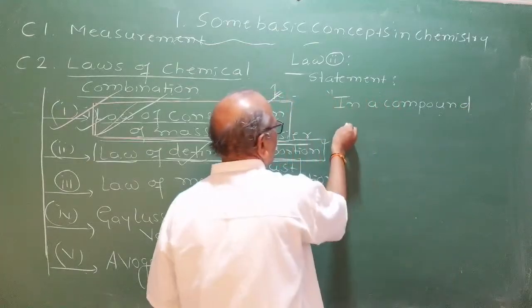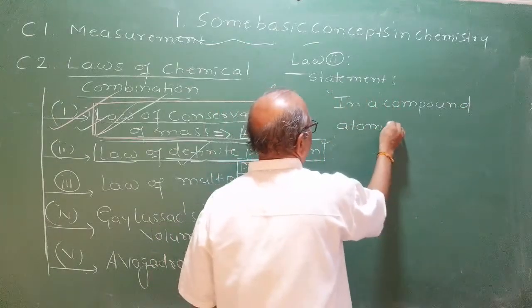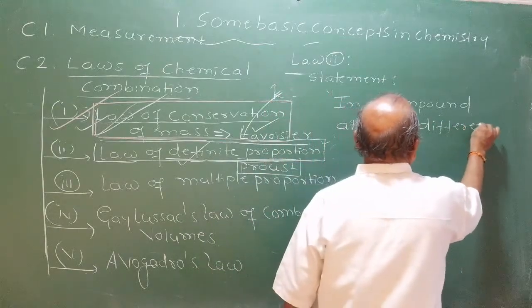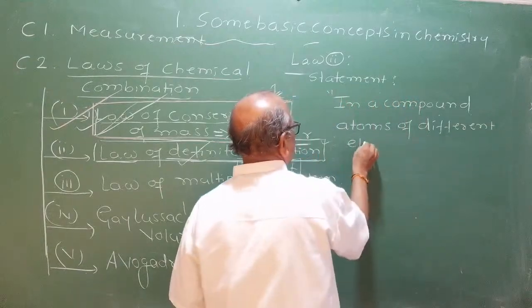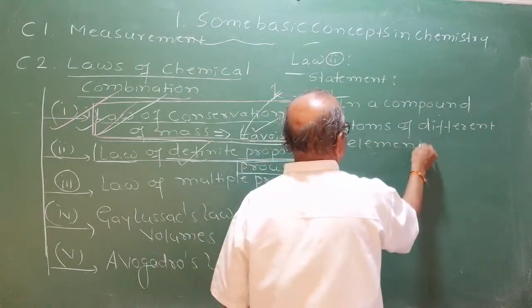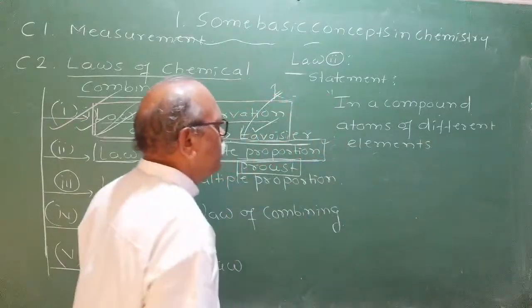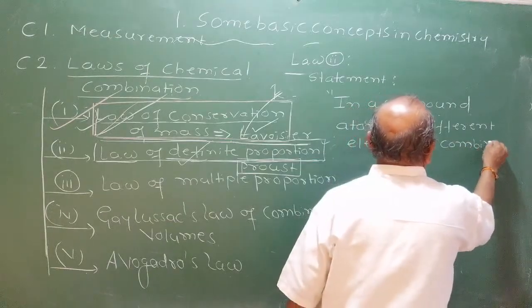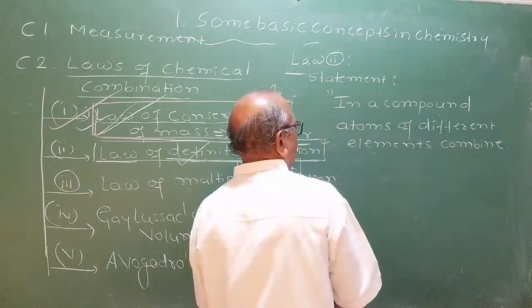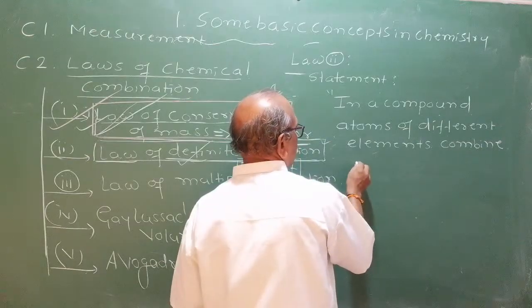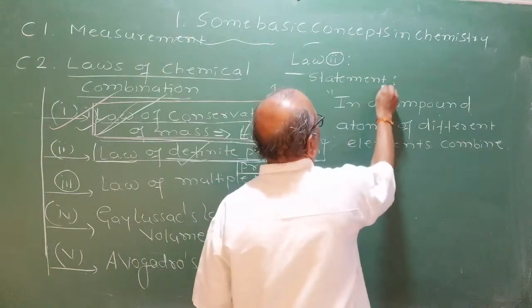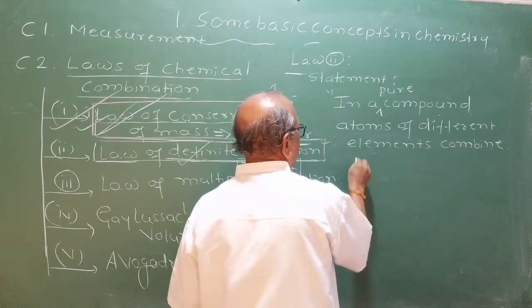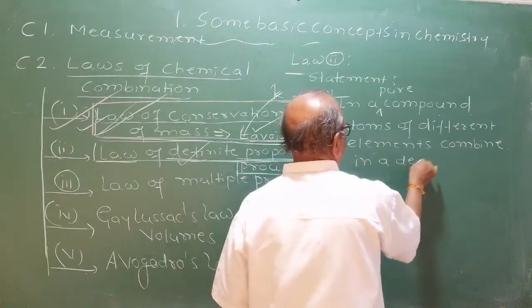In a compound, atoms of different elements combine, in a, better you call it a pure compound. In a pure compound, atoms of different elements combine in a definite proportion by mass.